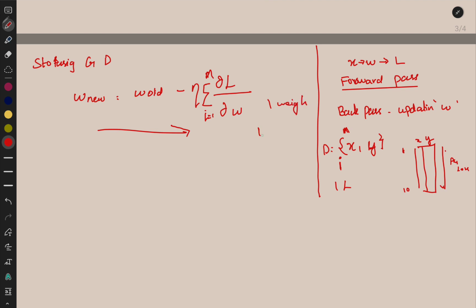Let's say you have 10,000 weights, 10,000 parameters. Then you have to do this for 10,000 times the number of data points, for this many iterations. So this becomes very huge and computationally costly. That's why people came up with batch gradient descent.